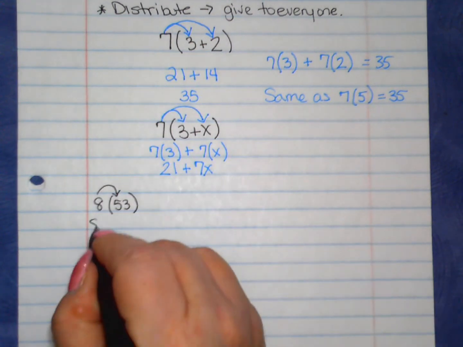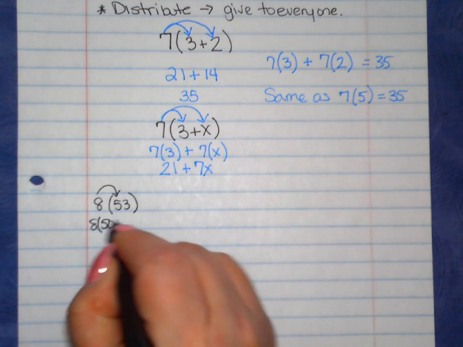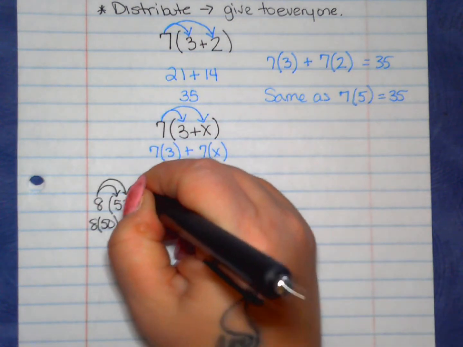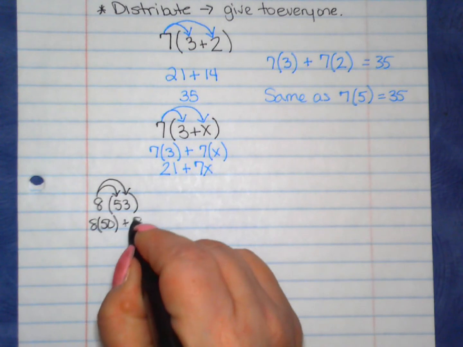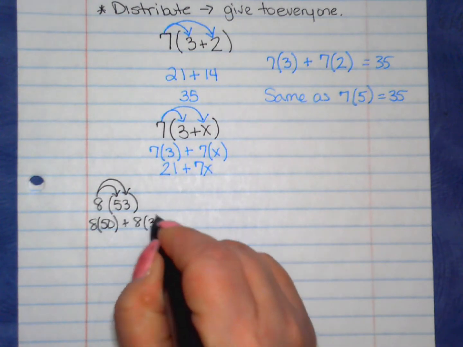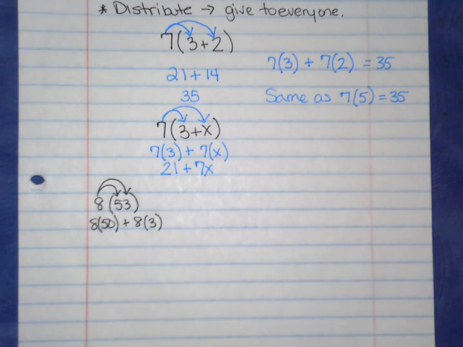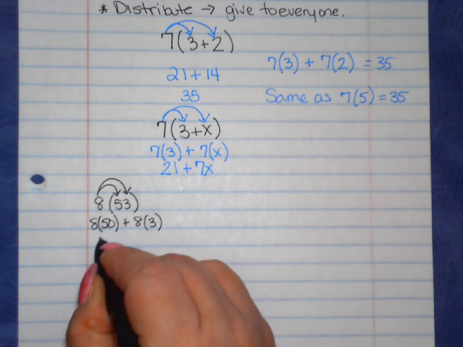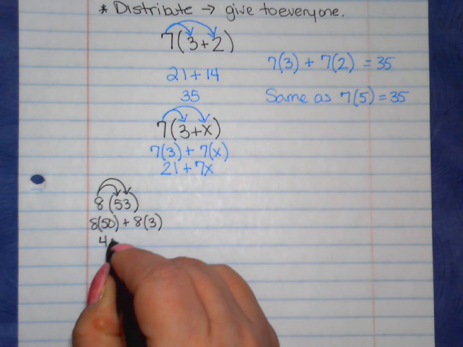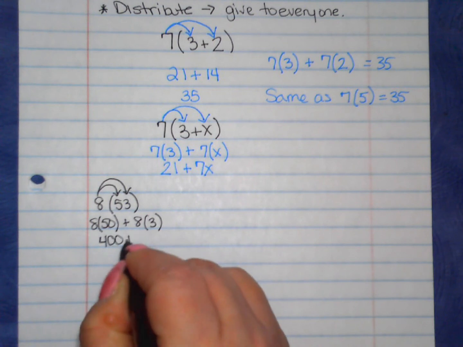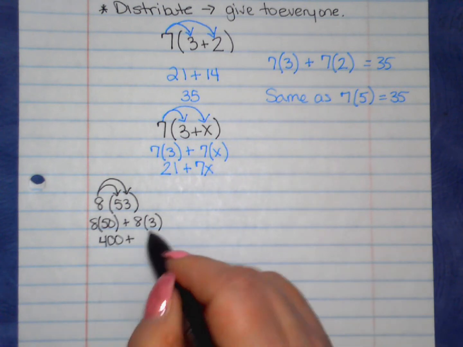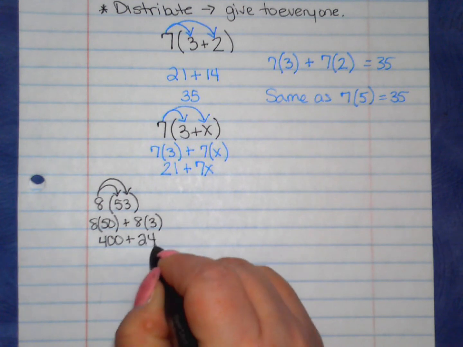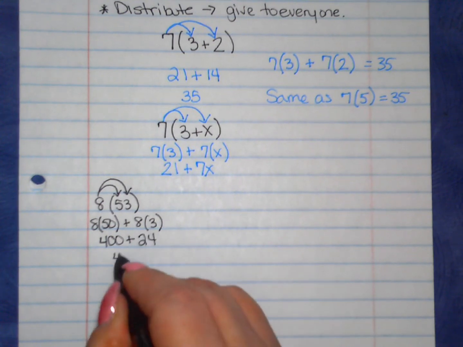So 8 times 50, and then the number from my ones column, plus 8 times 3. So 8 times 50 is 400, plus 8 times 3 is 24, and then I can add it, 424.